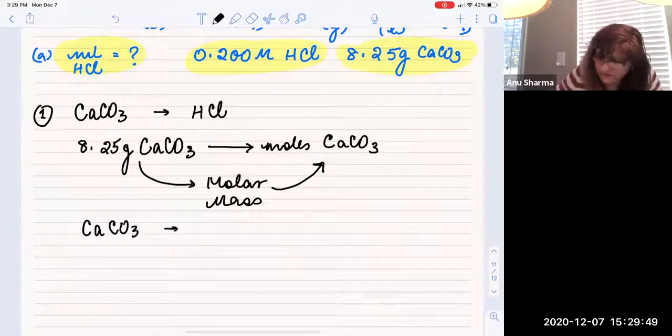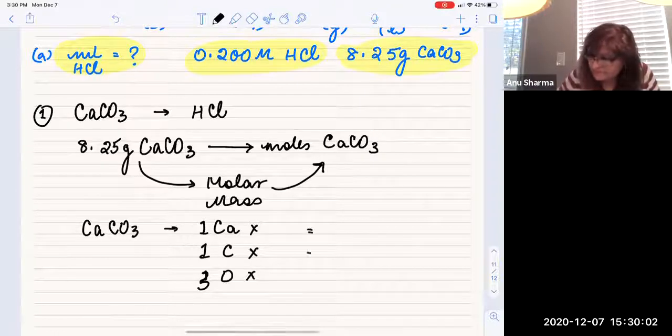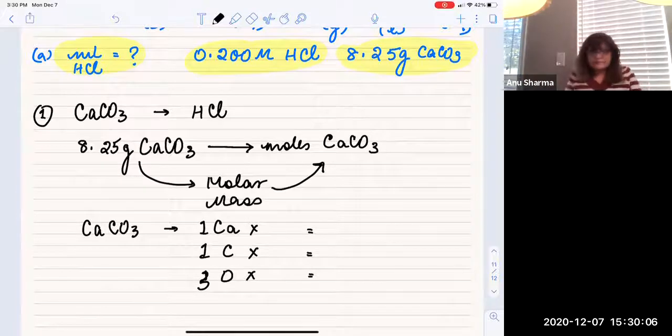CaCO3. So there's 1 calcium, 1 carbon. Calcium, that would be, let's see, 40. So 40 plus 12 and plus about 16 times 3, so 48.